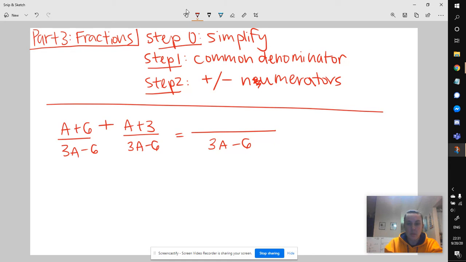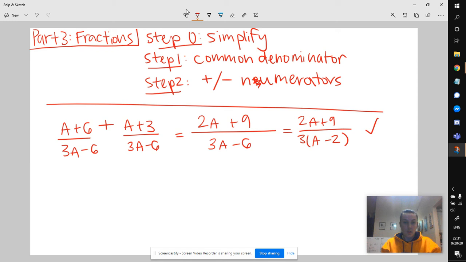It's the same denominator, so we don't need to find a common denominator. It's already common. And then we're going to add the tops. So a plus a is 2a. 6 plus 3 is 9. All right. And then we can check to see if we can simplify. But we really can't, so we're done.